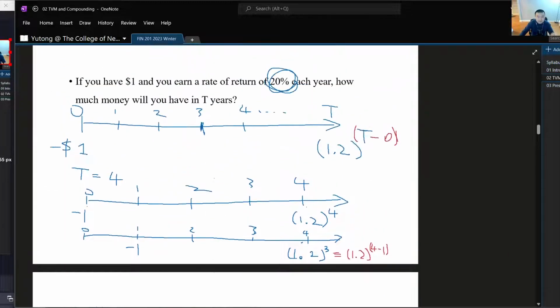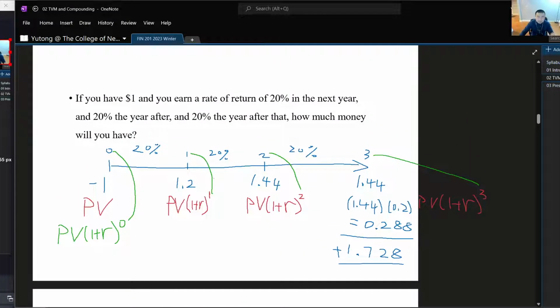So what is compounding? Compounding is basically what we have been doing. We were calculating the end of investing period value, while assuming that at the end of each period, the interest is calculated.